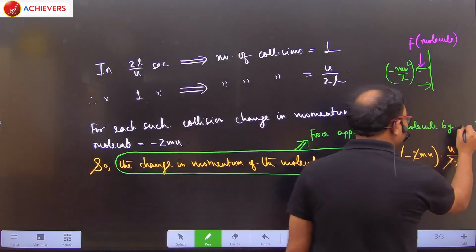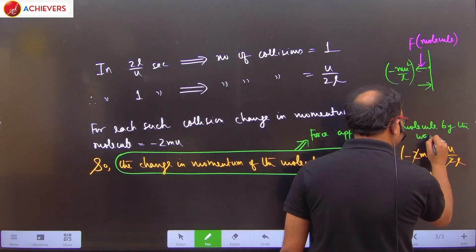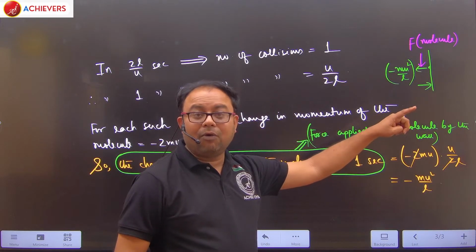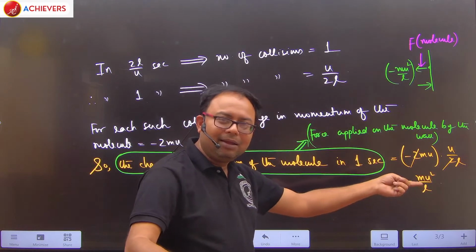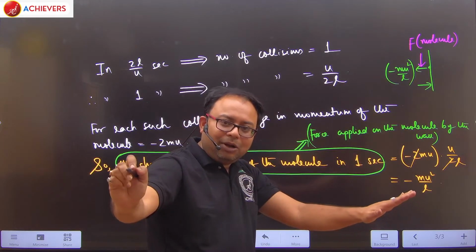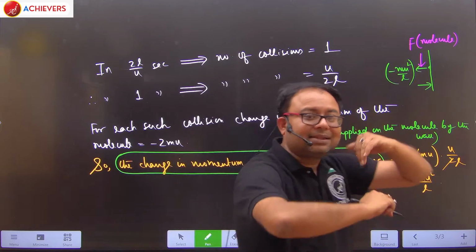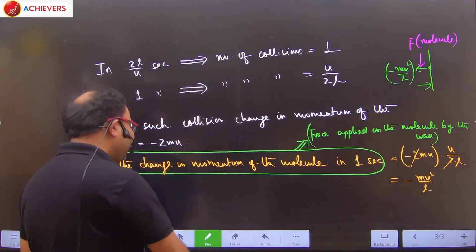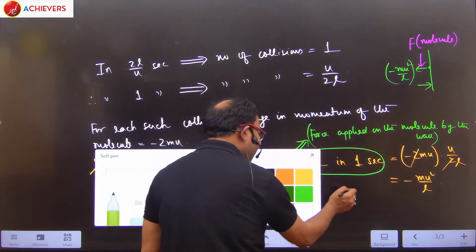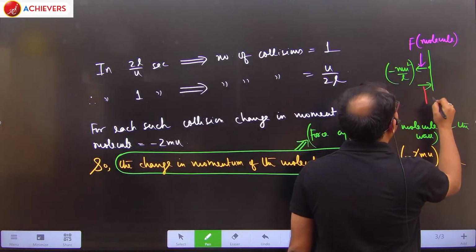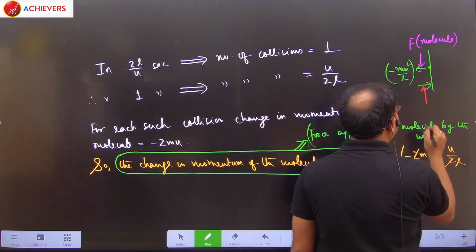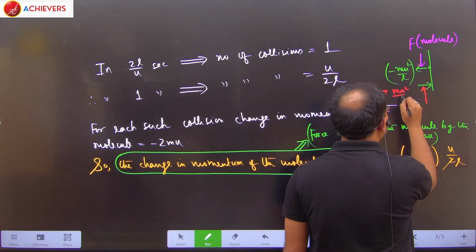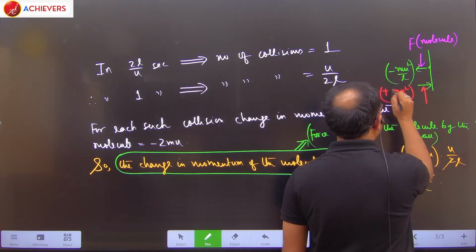The magnitude will remain all the same, just the sign will be reversed because it has got reversed in its direction. So the force applied on the wall by the molecule should be plus mu square by L.